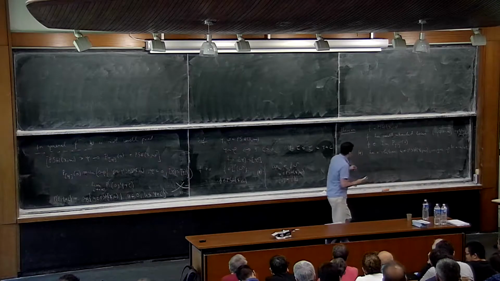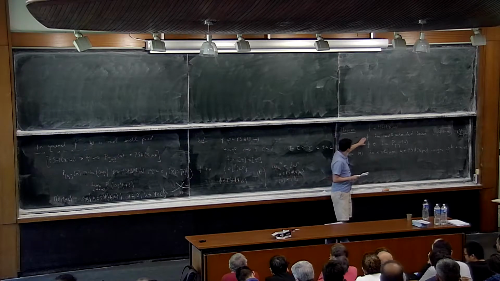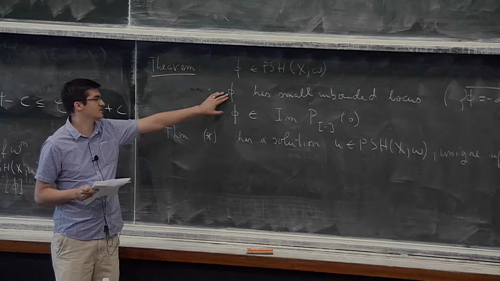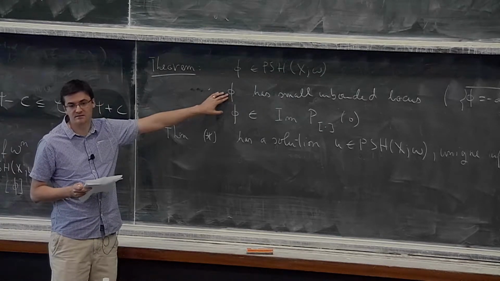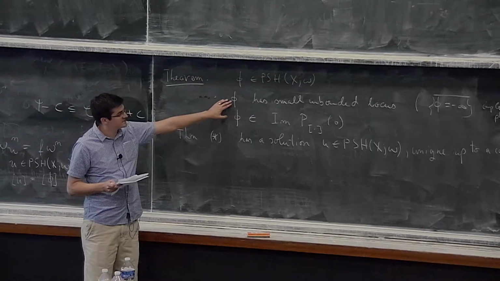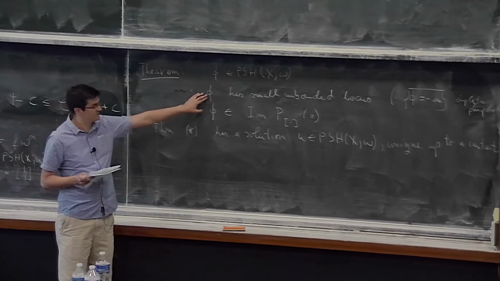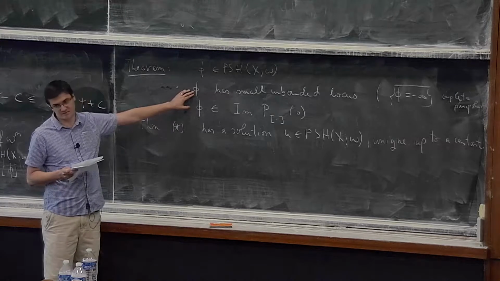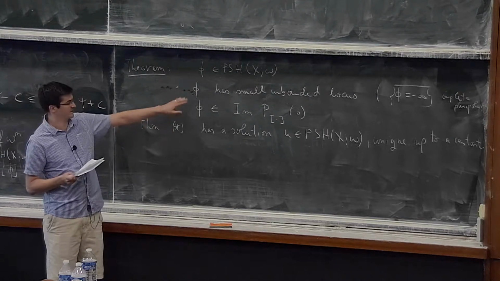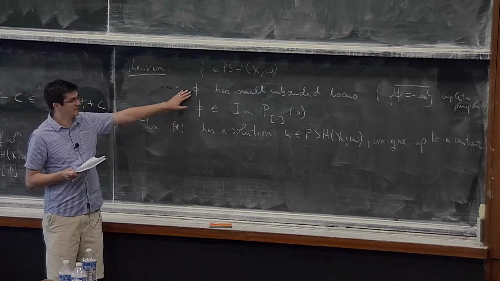Now a couple comments. So we have two conditions. For phi, I ask it to have small unbounded locus. So this may be a technical condition. We're not 100% sure about it yet. It is kept around for the reason that without this condition, it's not clear if you can integrate by parts, even in the sense of this more generalized Bedford-Taylor theory of Kołodziej-Zeriahi.